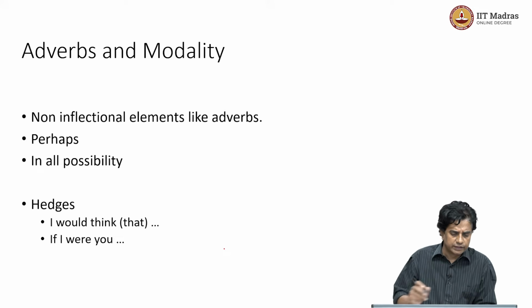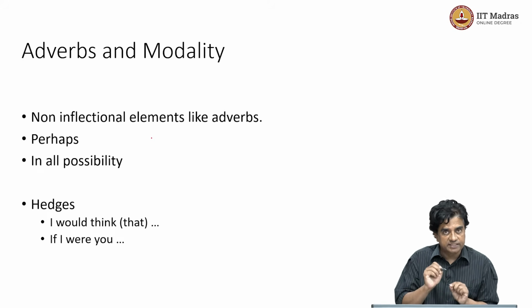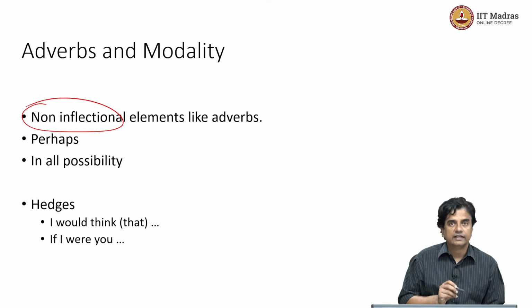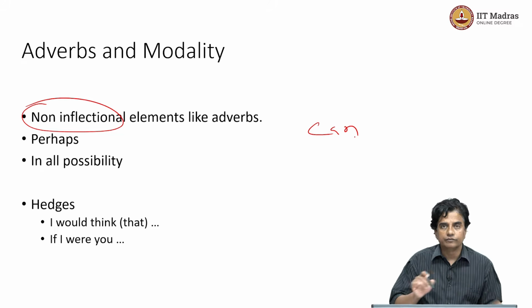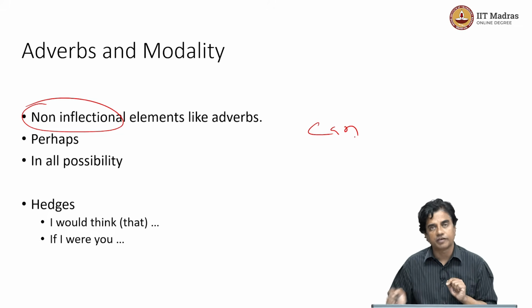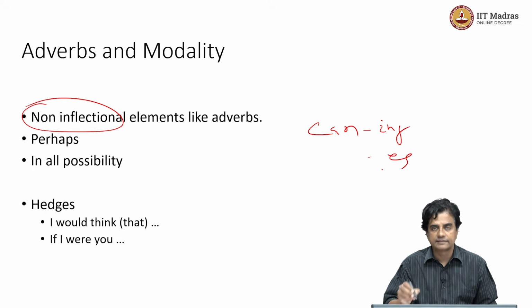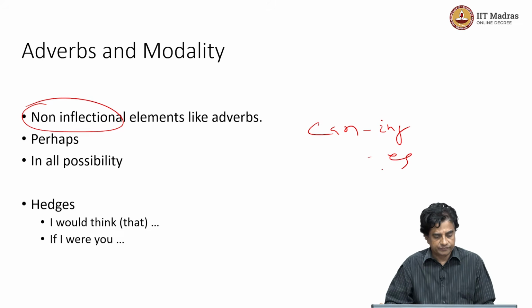So, structurally speaking, they are non-inflectional. In other words, can will not have any other inflection on it. That's an identification of modal auxiliary. For example, we cannot add ing, we cannot add es, we cannot add anything to this auxiliary.